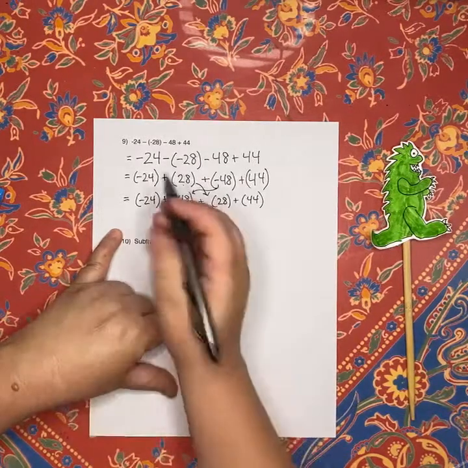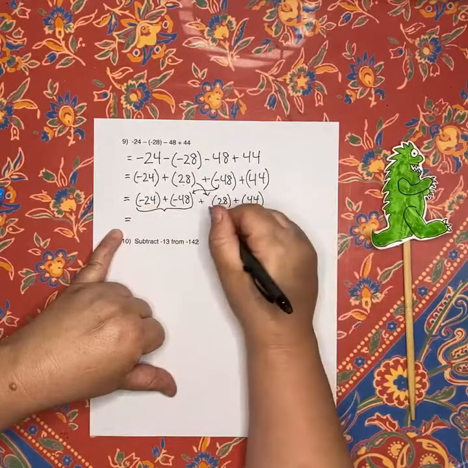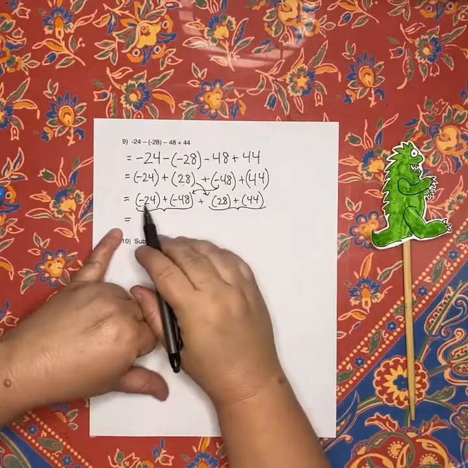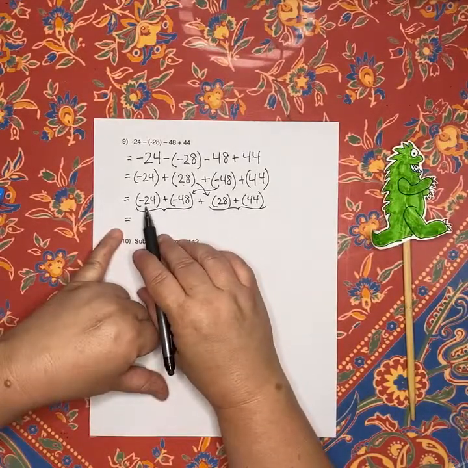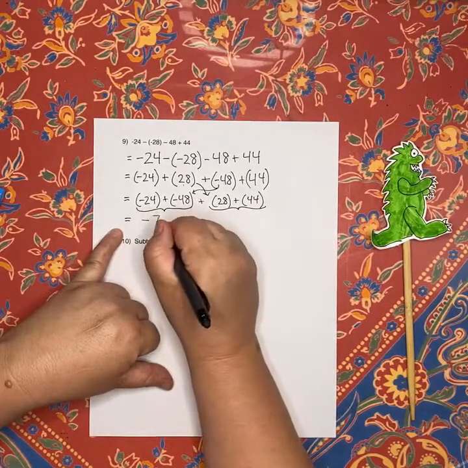So far, so good. And then these two together, remember the associative property says I can add them in any order I like. These are both negative numbers. So negative 24 plus a negative 48 is going to be a negative 72.